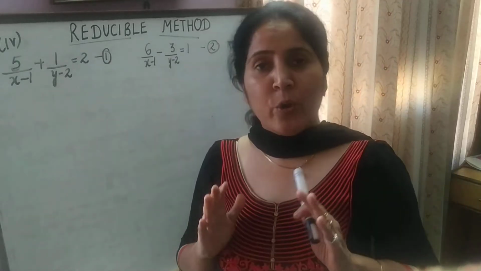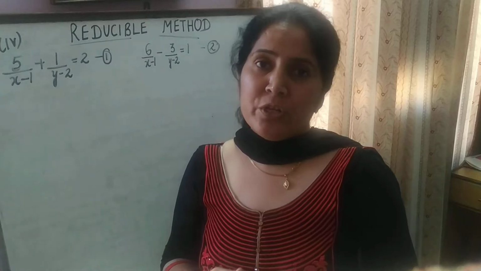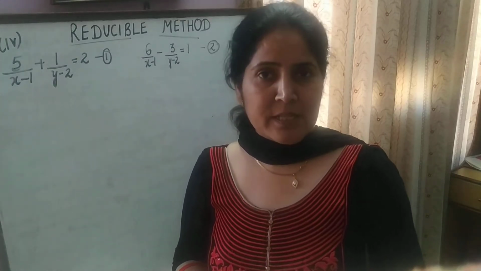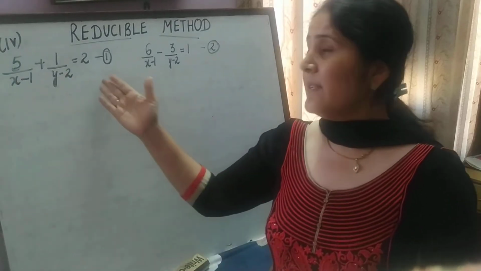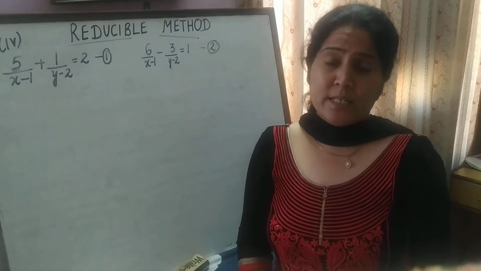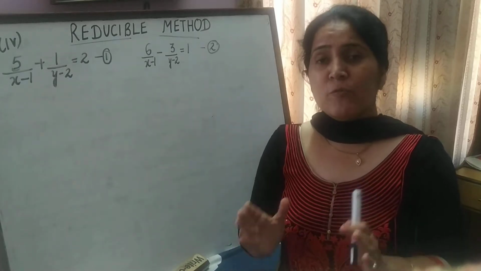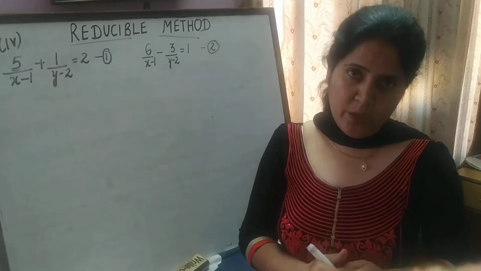As till now you have learned, linear equations are those equations which can be expressed in the form of ax plus by plus c. But this equation is not in such form. So I have to do some changes and convert them into linear equations.